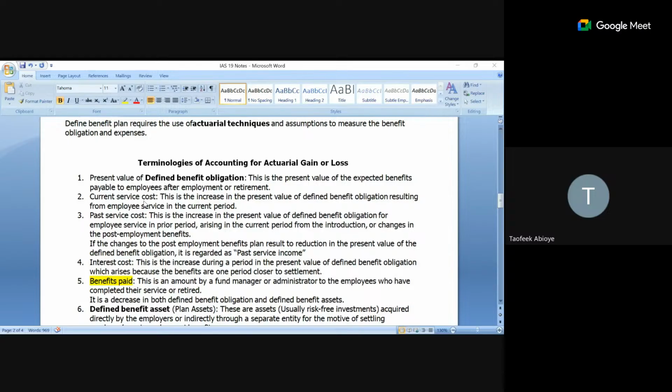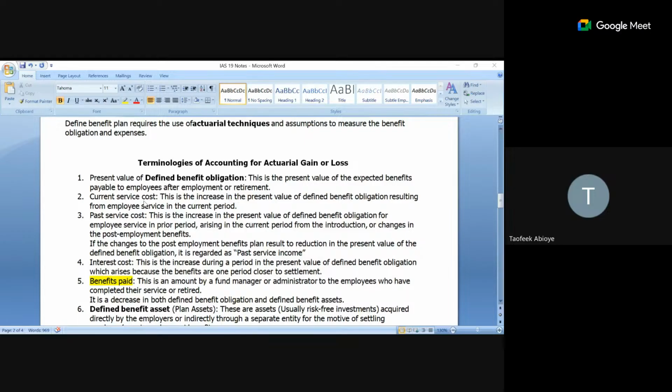That is number one. Number two is current service costs. So this is the increase in present value of defined benefit obligation. So what current service cost is that? It will increase your defined benefit obligation. Why?